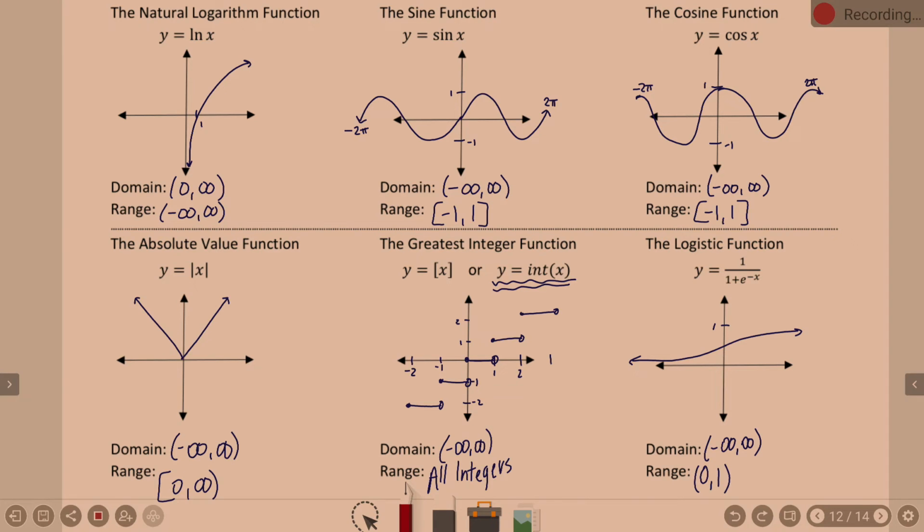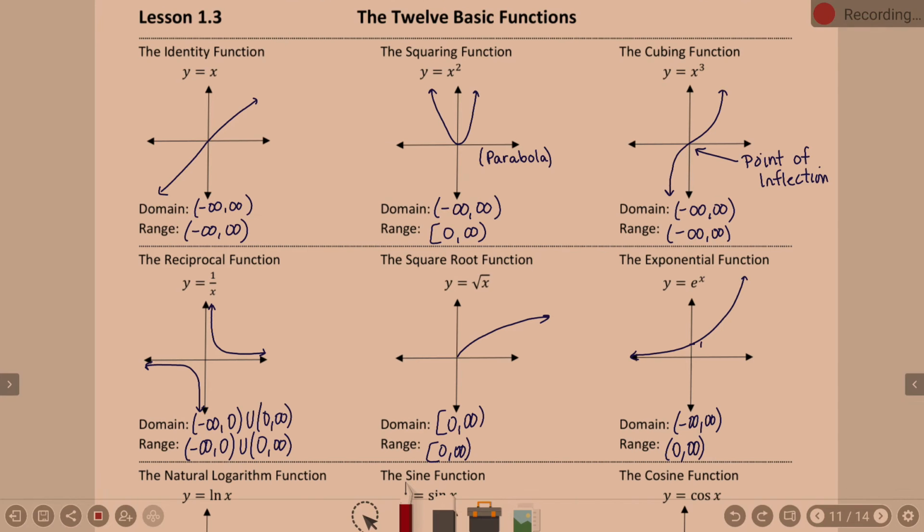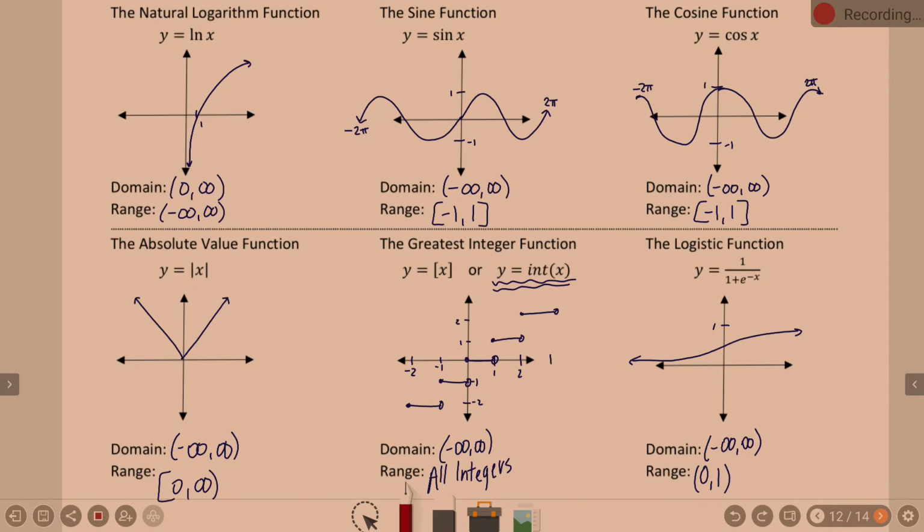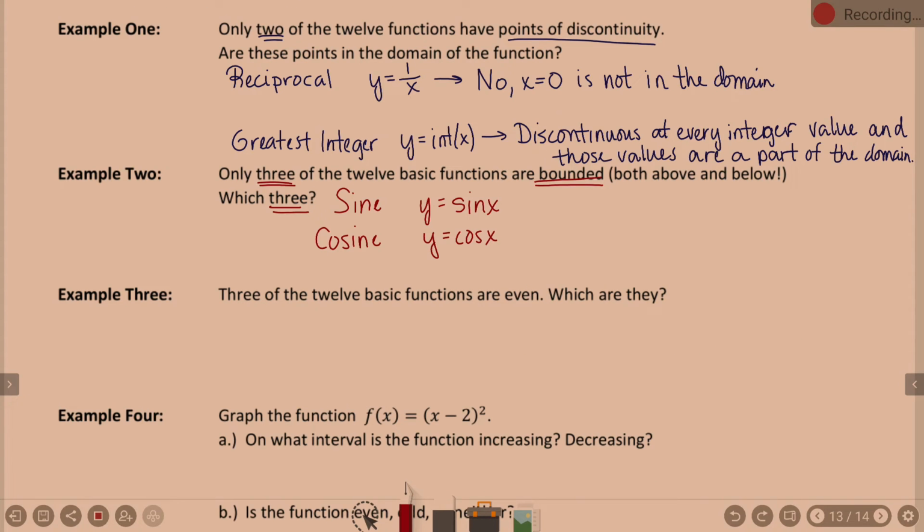If you go through and look at all these other ranges, all the other ranges have infinity somewhere, or all integers on the one. But all these others have infinity on one end or the other of the range. So your other is the logistic, which is y equals 1 over 1 plus e to the negative x.